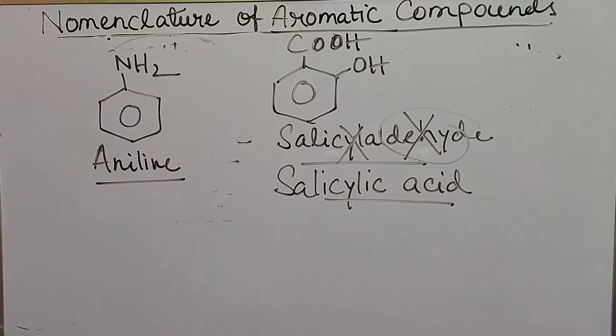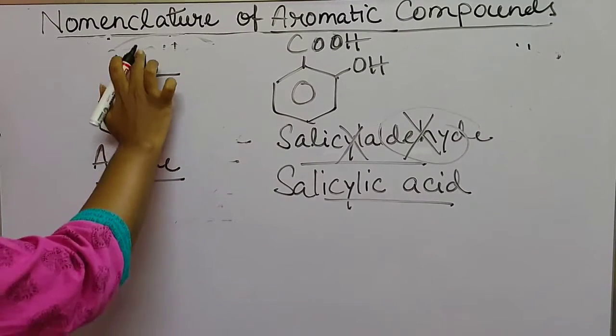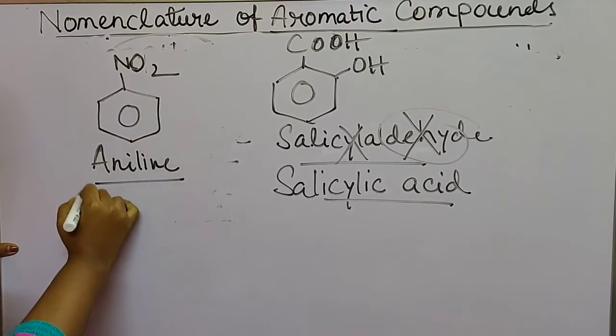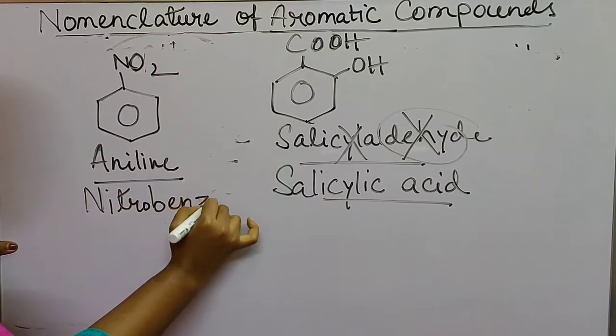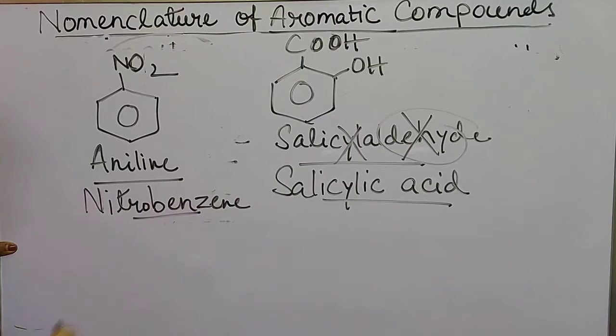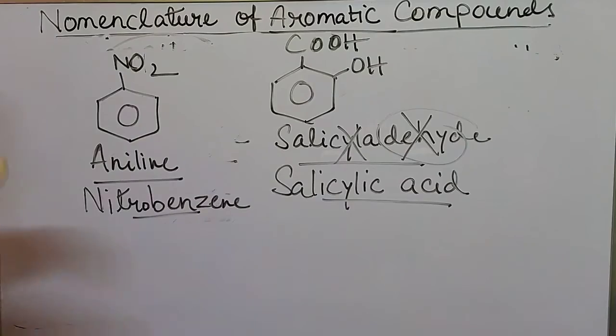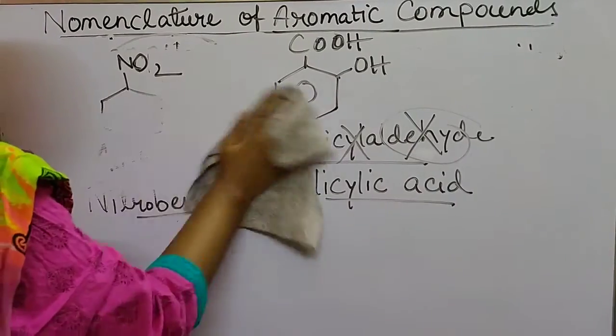So these are the examples. Next, if there is a nitro NO2 group present, then it is called nitrobenzene. So these are different types of compounds that we could see here. Many other examples you could see from the PDF notes that I will give, or from your book also.